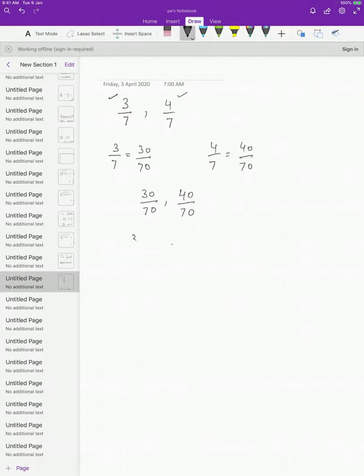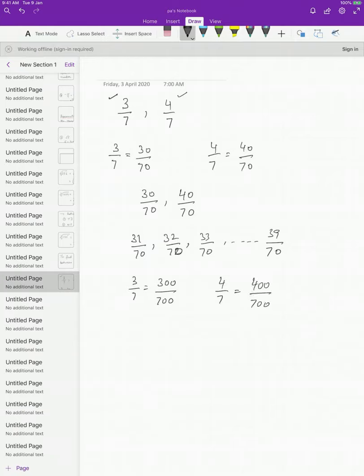So I can write the numbers 31 by 70, 32 by 70, 33 by 70 and so on up to 39 by 70. If I further want to increase the gap and want to write more numbers between these two given numbers, I can increase the gap by writing 3 by 7 as 300 by 700 and 4 by 7 as 400 by 700.